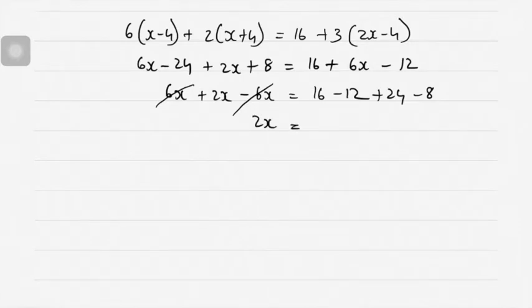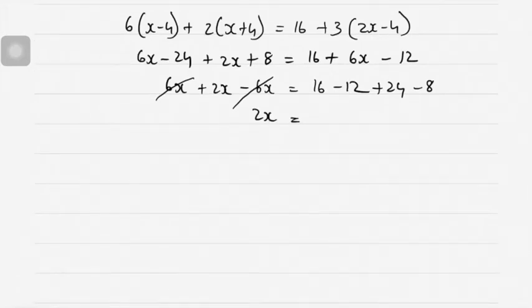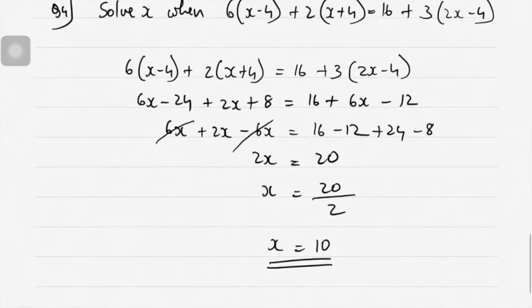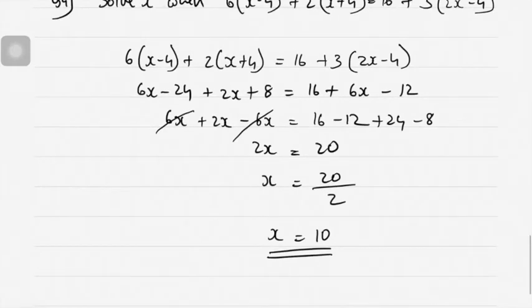Okay. So 16 minus 12 plus 24 minus 8. So it is 20. So x is equal to 20 by 2. So x is equal to 10. So let's do the verification.